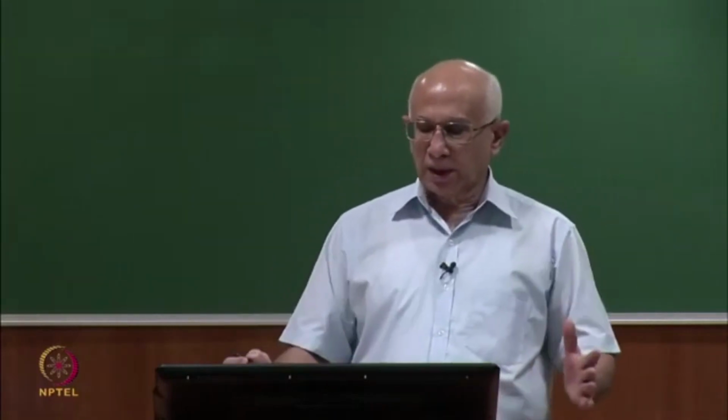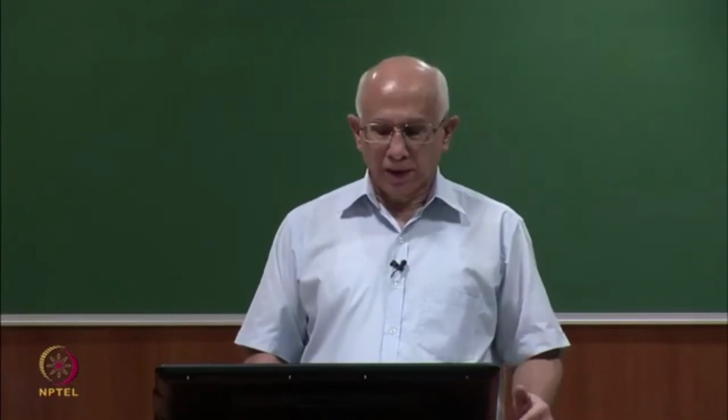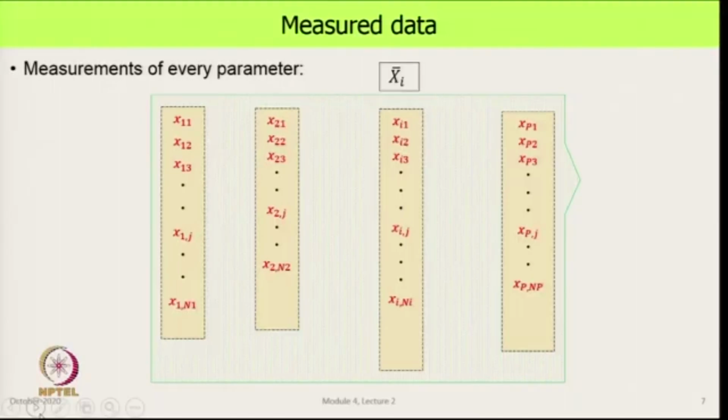So, to represent the data in a pictorial way, this slide shows what is all the measured data that we have collected in the experiment. So, in this first column it is x11, x12, x1j, x1n1.